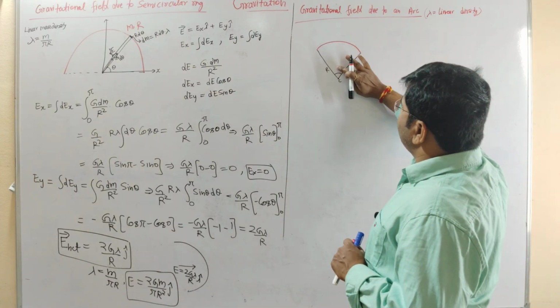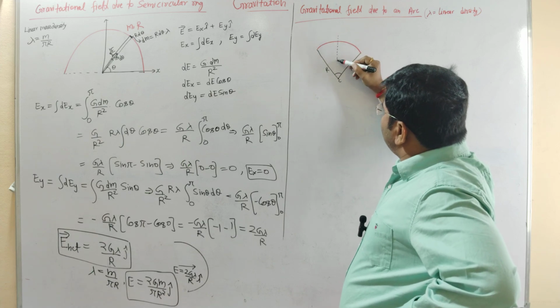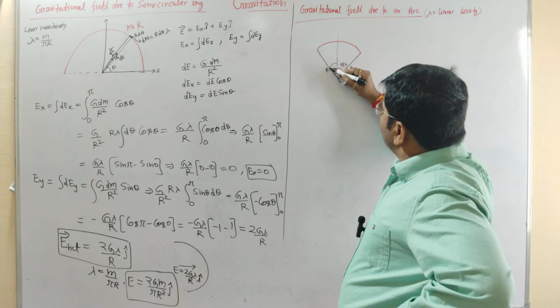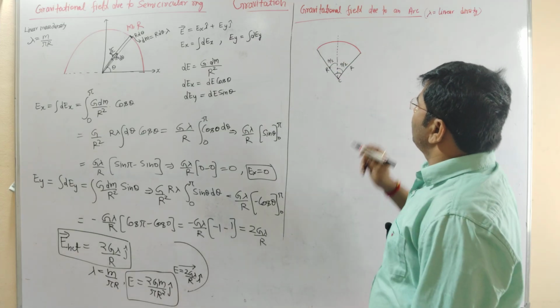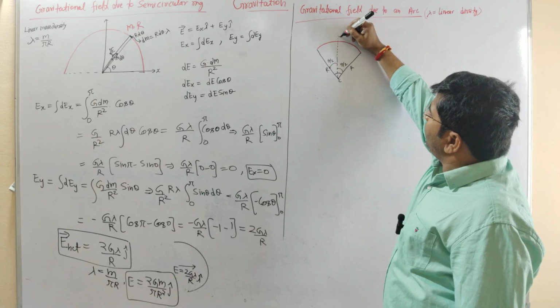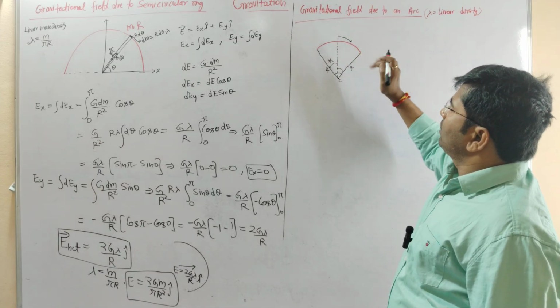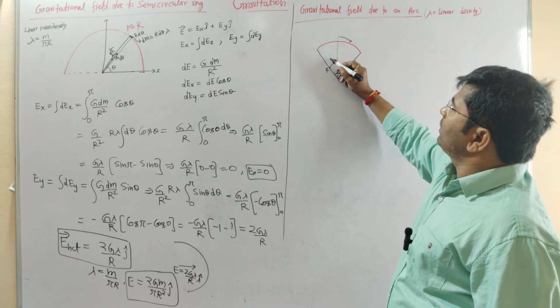So let me divide this one in two parts. This part is theta by 2, this part is also theta by 2. Clear?